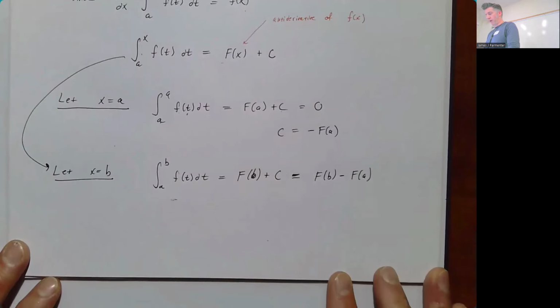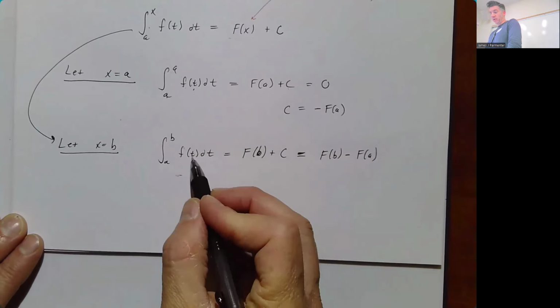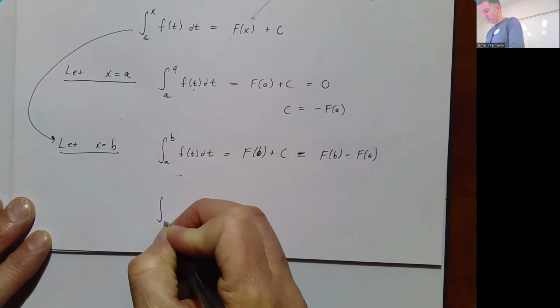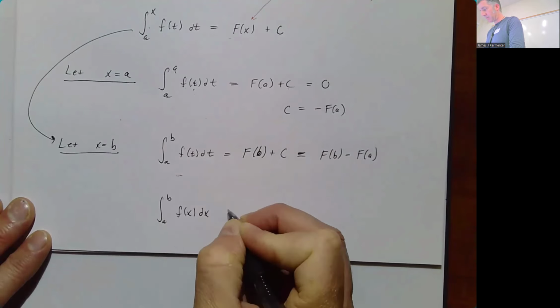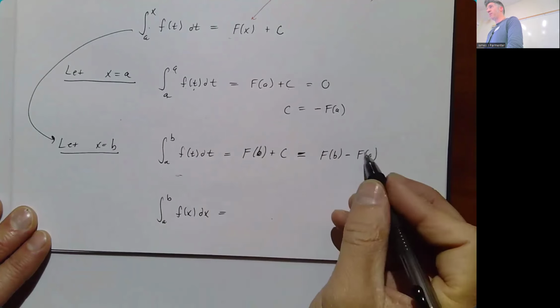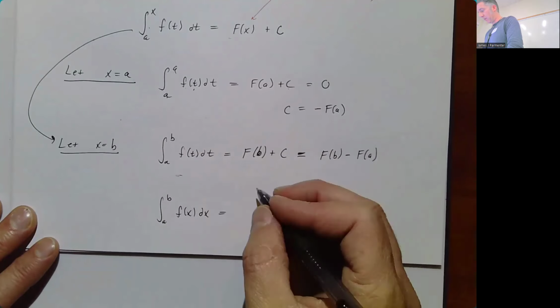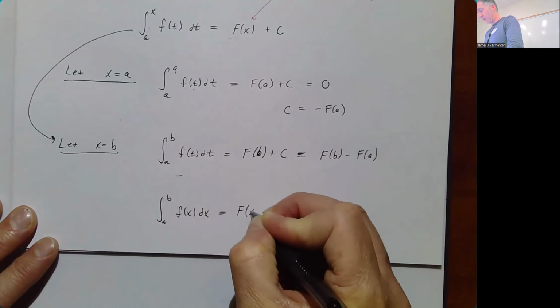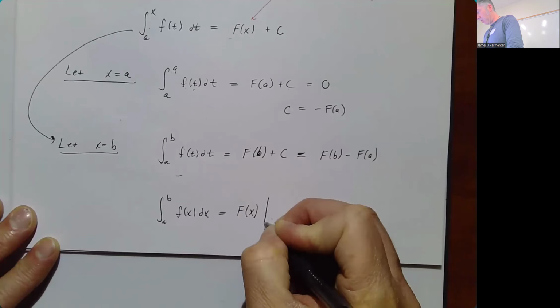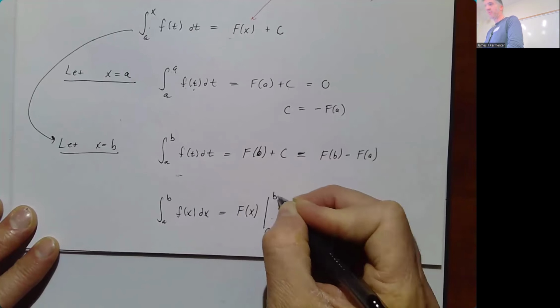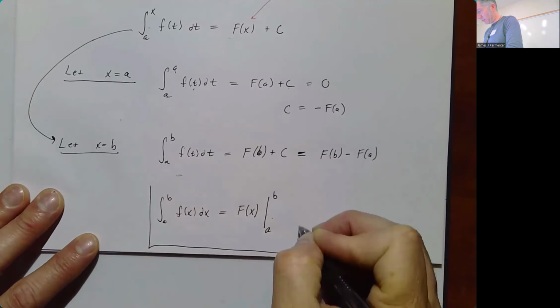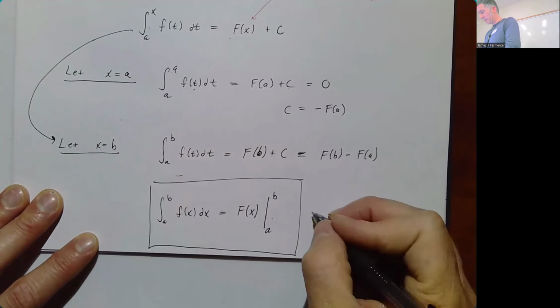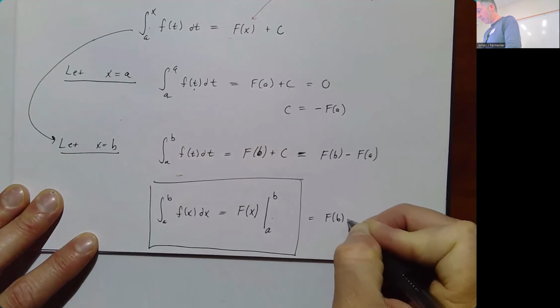Or as I would prefer to write, it doesn't matter if I use t's or x's here, the integral from a to b of f of x dx. You can write it this way, but a more typical way is writing the antiderivative capital F of x evaluated from a to b, which is equal to capital F of b minus capital F of a.